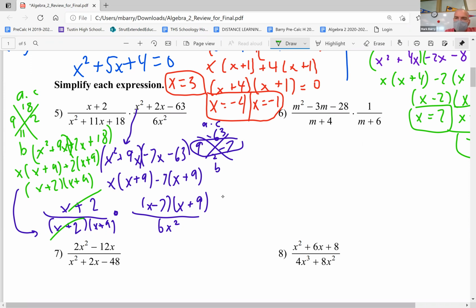I can cancel out the x plus 9 here with the x plus 9 there. And so what am I left with? It looks like I have x minus 7 left on top, and I have 6x squared left on bottom, and so that's it.